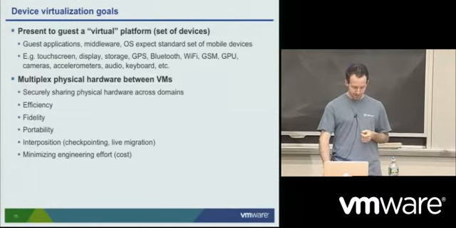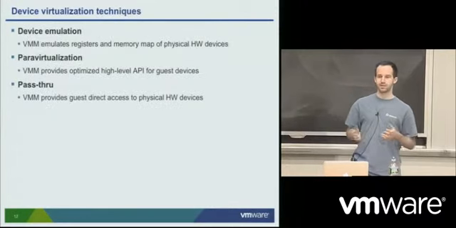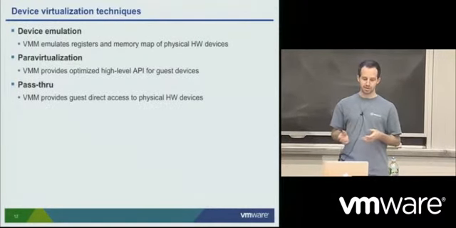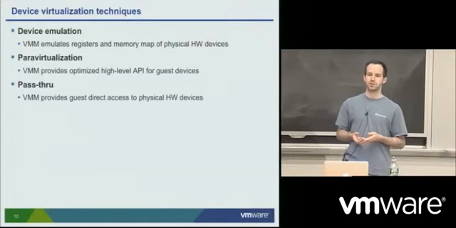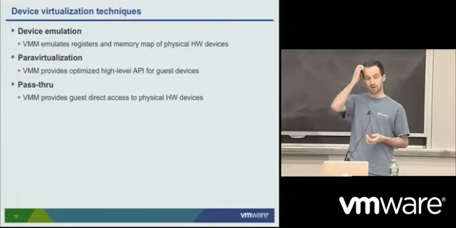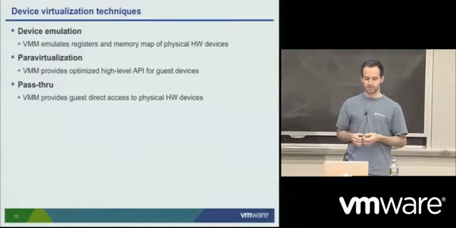There are three classes of I/O virtualization techniques that are used in general: device emulation, para-virtualization, and pass-through. The first two of these should be familiar from Monday, because they're what we do with CPU virtualization. With device emulation, the idea is we can present to the guest a virtual device realized in a software model by using trap and emulate techniques.